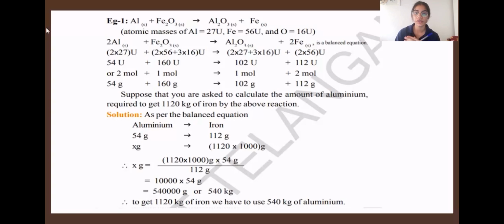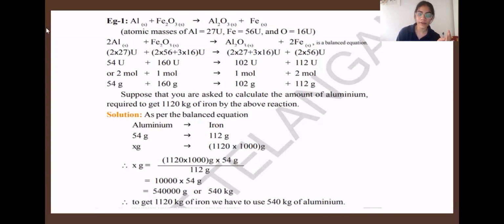Now, the question that is posed in front of you is that you are asked to calculate the amount of aluminium required to get 1120 kgs of iron by the above reaction. So we have to calculate some amount of aluminium while we have some amount of iron.